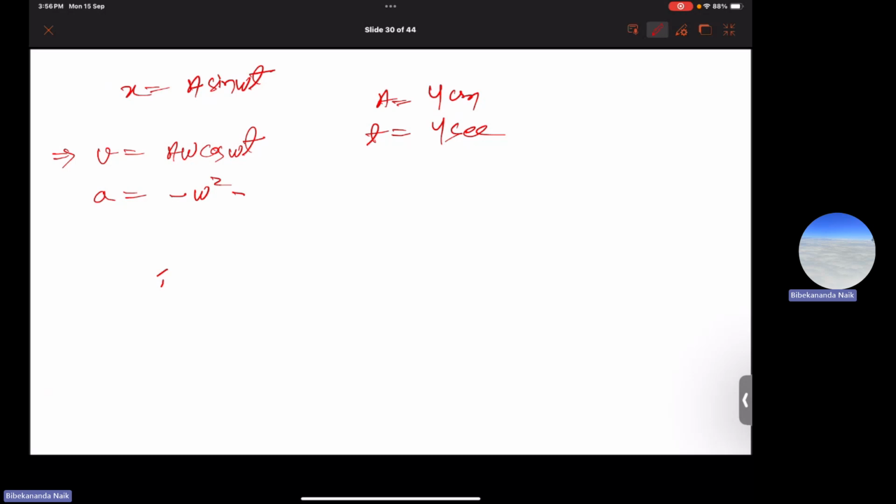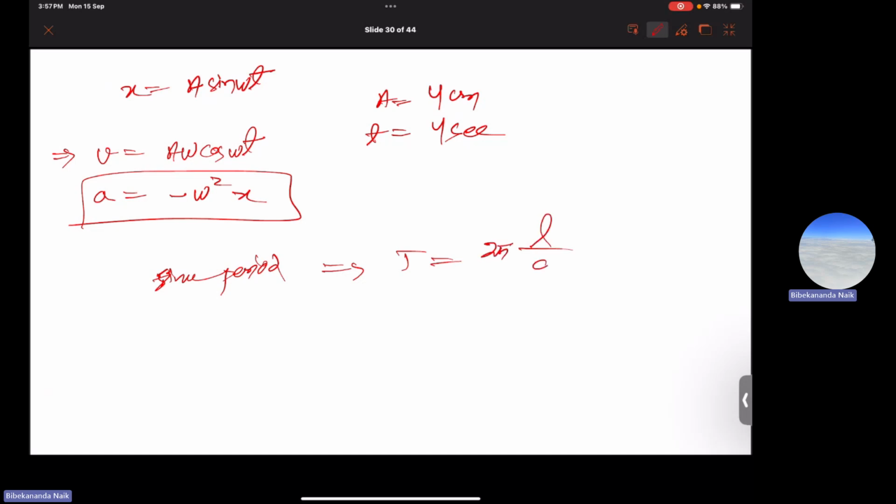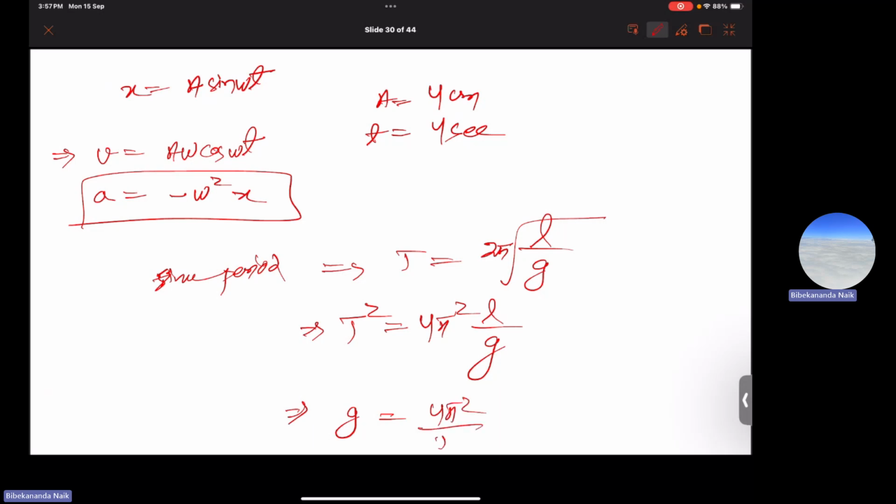A is equal to minus omega square x. If you compare it with the time period equation, T equals 2 pi root over L by g, that implies T square equals 4 pi square L by g, or g equals 4 pi square by T square into L. Here it is negative, so A will be minus 4 pi square by T square into 4.